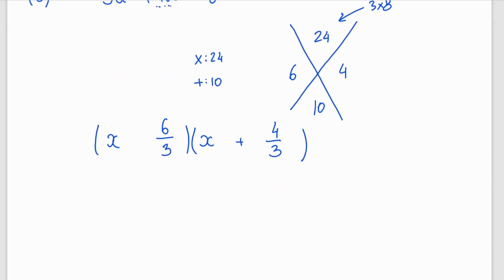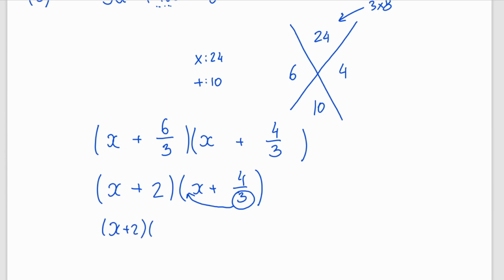My next step was to simplify each fraction. It is possible to divide 6 by 3 and get 2. And I can't simplify 4 over 3, so I'll just leave it as it is. And the last step was to move the denominator of the fraction in front of x. And that should be the answer.